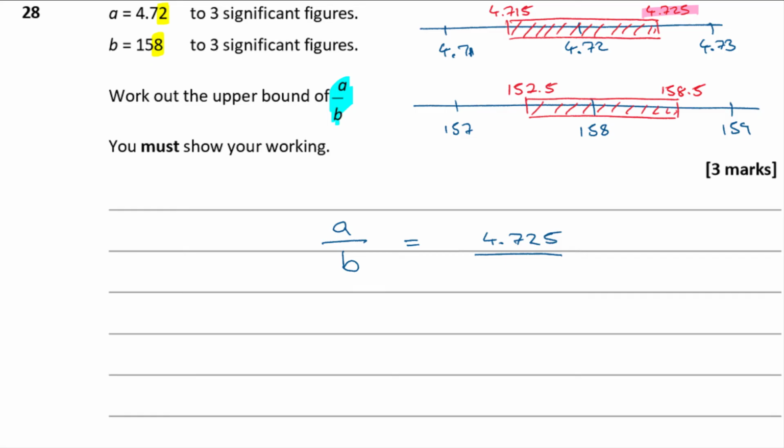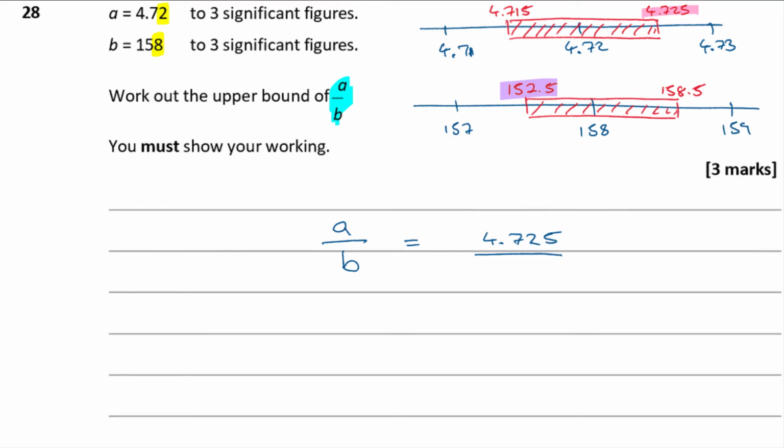If I pick the biggest one, I'm going to divide A by a bigger number and I'm going to get a smaller result than if I divide it by the smaller one. I'm going to get the bigger result, aren't I? So I'm actually going to use the lower bound of B, because that is going to deliver the largest value overall for A over B.